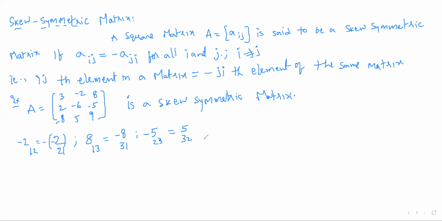Okay, next, triangular matrix. In this we have two types: upper triangular and lower triangular matrices. So I can give you the triangular matrix.